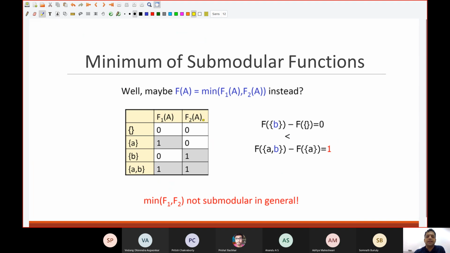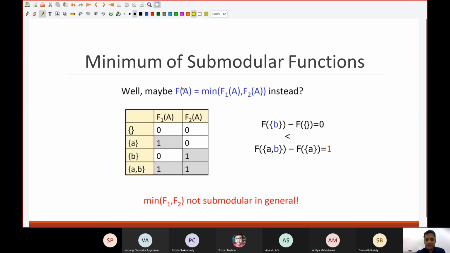The issue is that even though we wish it were, that's not the case. They don't even behave like concave functions consistently. And here's an example, again by counterexample. So f1(a) is 0, 1, 0, 1. f2(a) is 0, 0, 1, 1. And you can check f(b) minus f(empty set) is 0. f(a, b) minus f(a) is equal to 1.